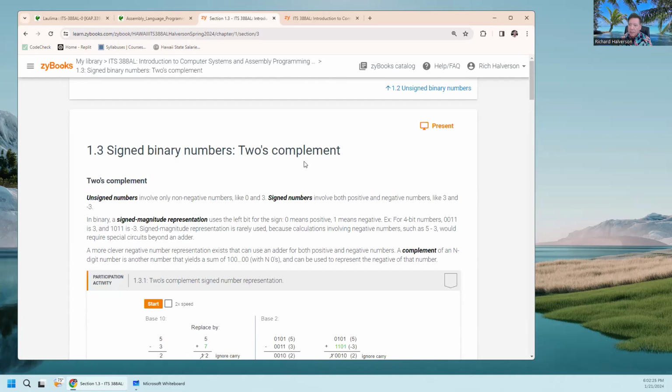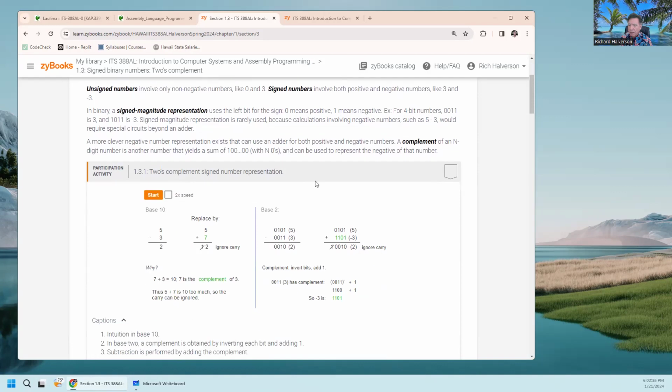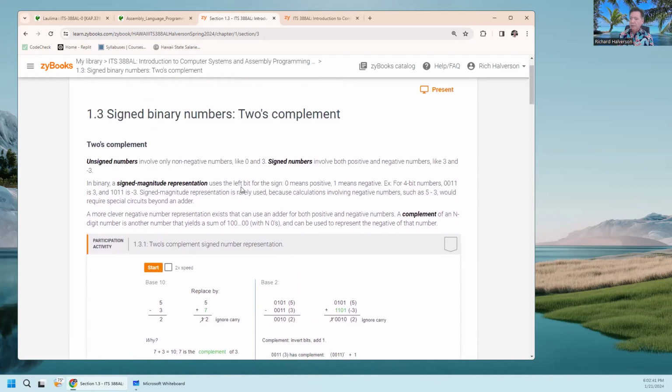Now, how do we represent negative numbers? Well, we have this way of representing it called 2's complement. The way 2's complement works is, if you take some number, let's say the number 7, and then you add to that the 2's complement of 7, which is minus 7, you end up with 0.